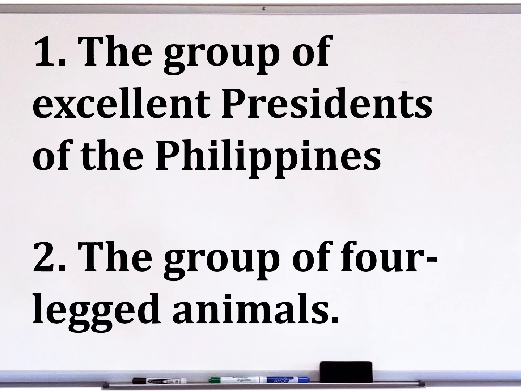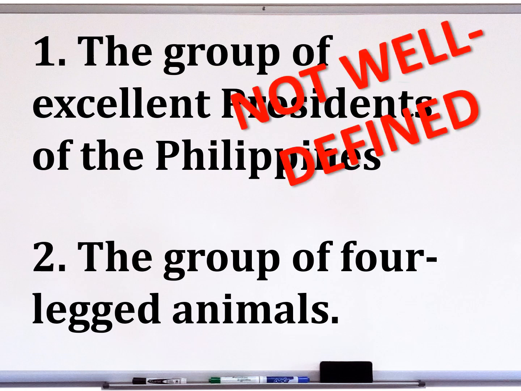And excellent is somewhat subjective. We have different standards of excellence when it comes to their performance. So therefore, number 1 is a not well-defined set because it is somewhat subjective, and our standards of excellence are not universal.